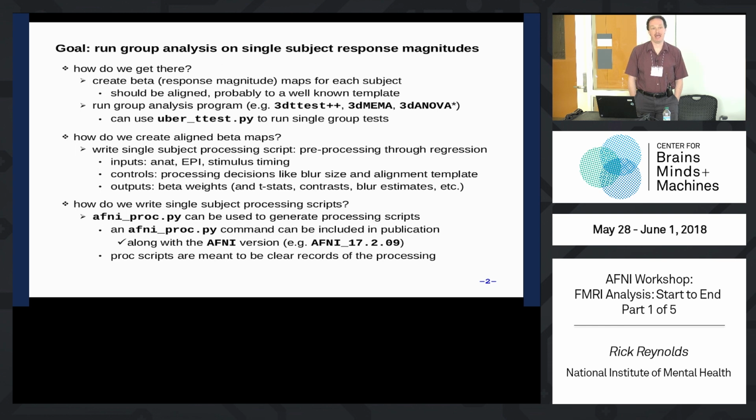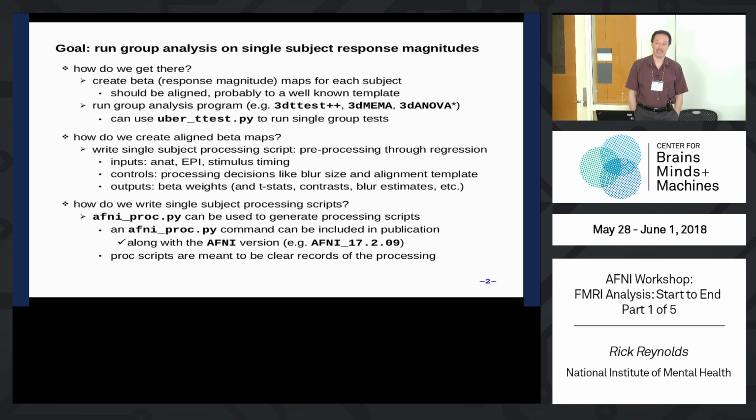They want to use an atlas for something with respect to their data. So if you're in that boat, decide on the atlas that's appropriate for you, and then find a template that is aligned to that atlas. And now you can align all your subjects to the template, and therefore they will be aligned to your atlas.